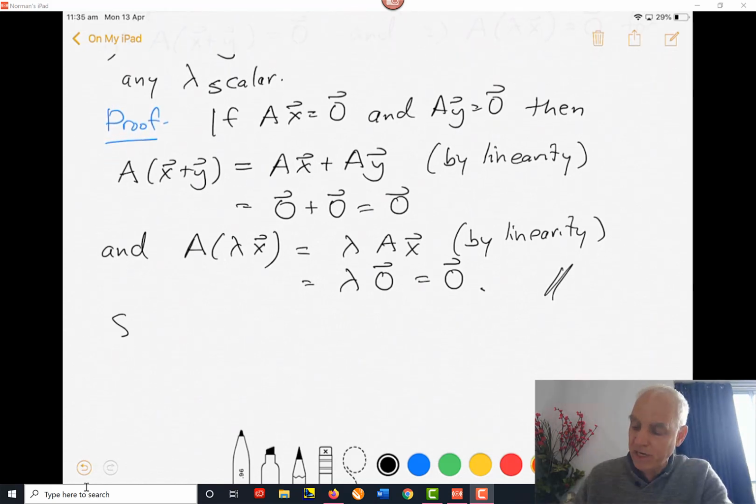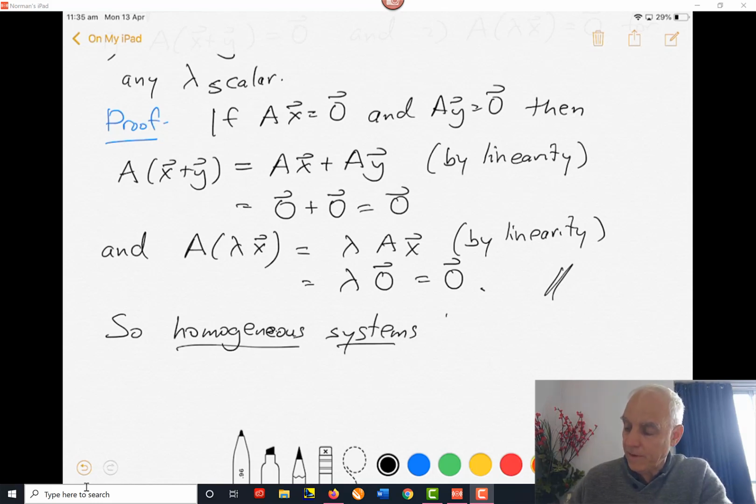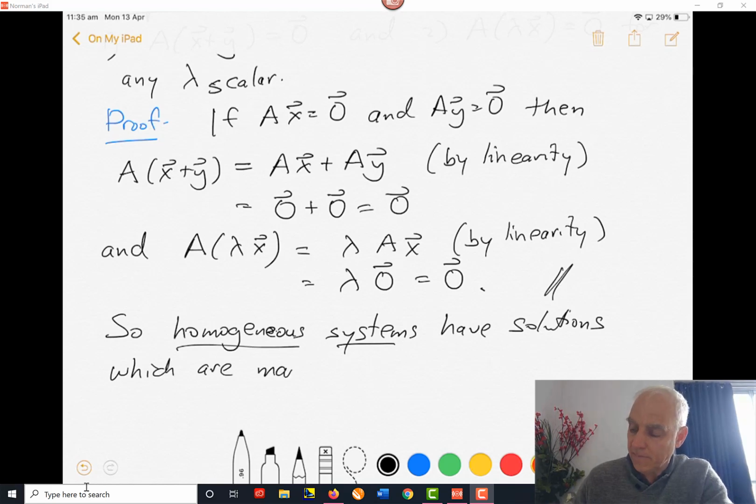So homogeneous systems have solutions which are maintained or closed under addition and scalar multiplication.